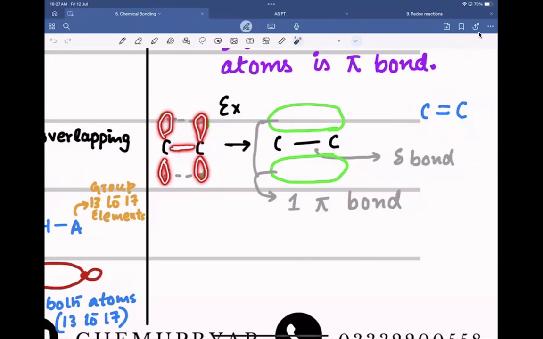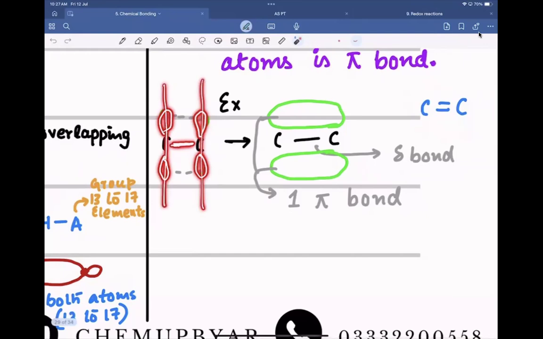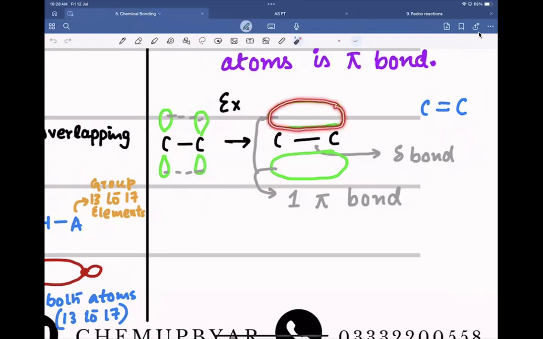They are parallel to each other, so they overlap parallelly, above the sigma bond and below the sigma bond. The two lobes of the two p orbitals overlap above the sigma bond and below the sigma bond, and these two overlaps contribute to give one pi bond. Is this understandable?